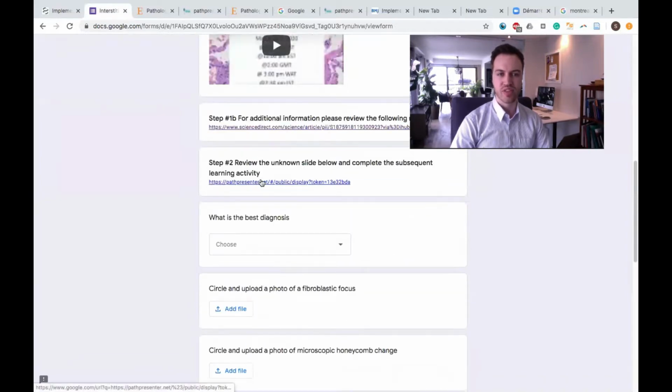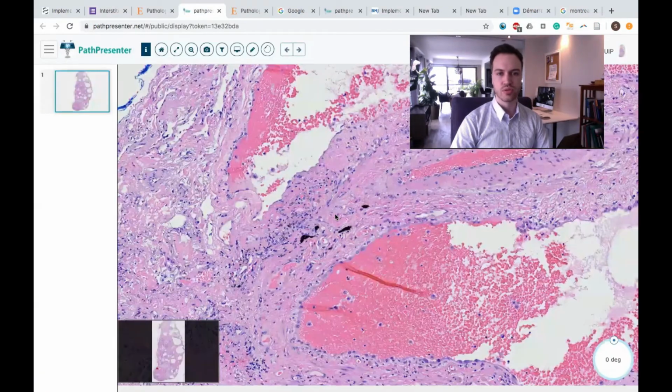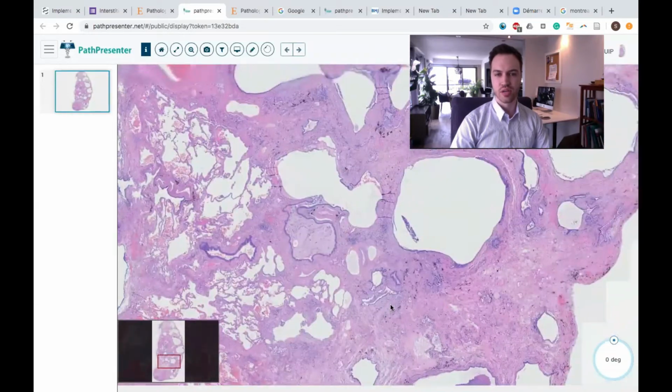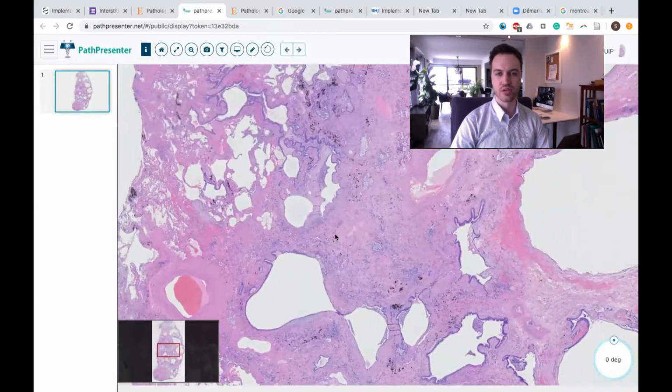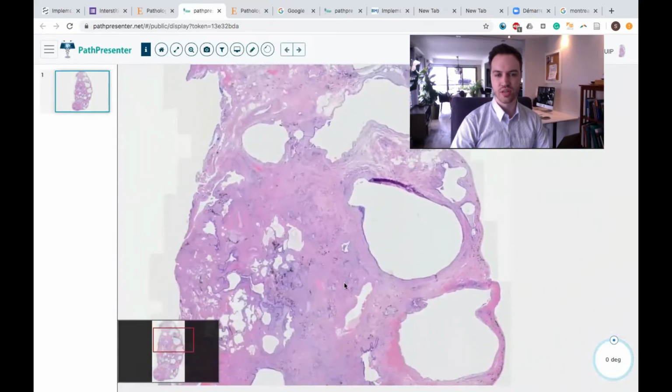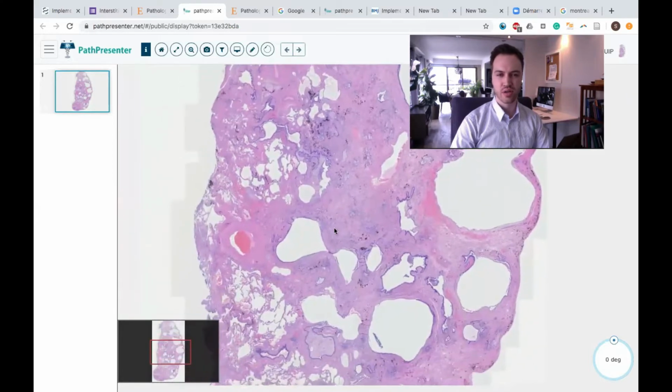Now, my favorite part of the exercise is the following. I can click on a link here on Path Presenter to a digital slide, a whole slide image with no patient information, completely anonymous. Let's appreciate the architecture here.